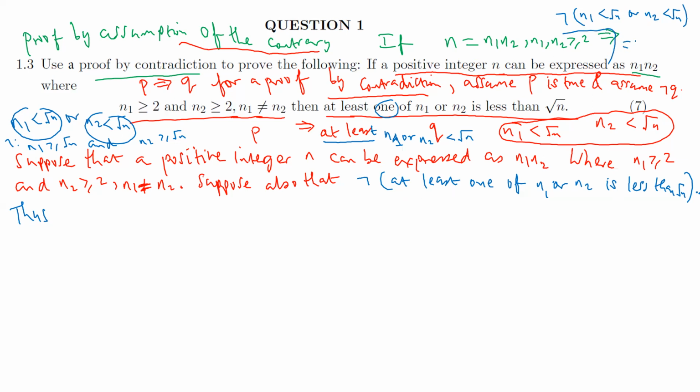So it's really saying you negate the first one, which means N1 is greater or equal to the square root of N, and then you put and N2 is greater or equal to the square root of N. Thus it follows that.